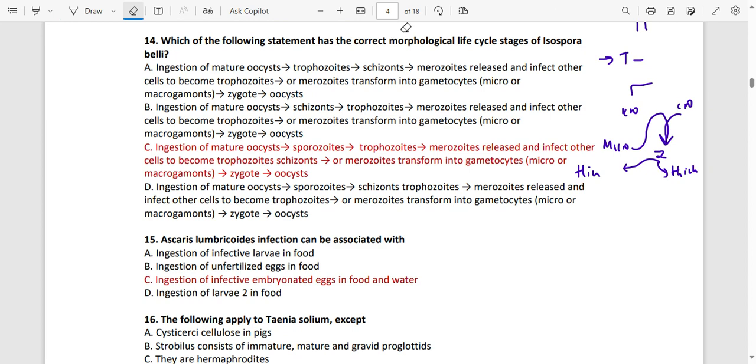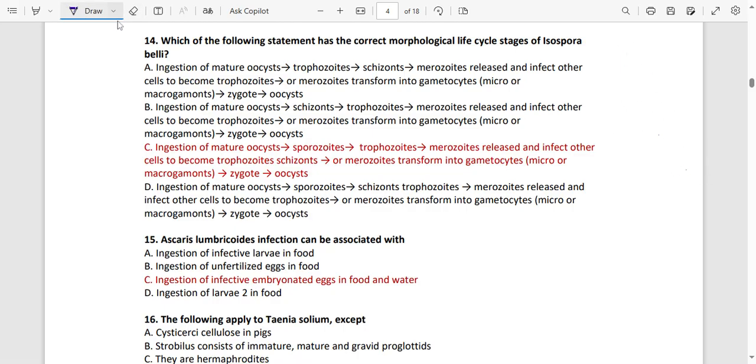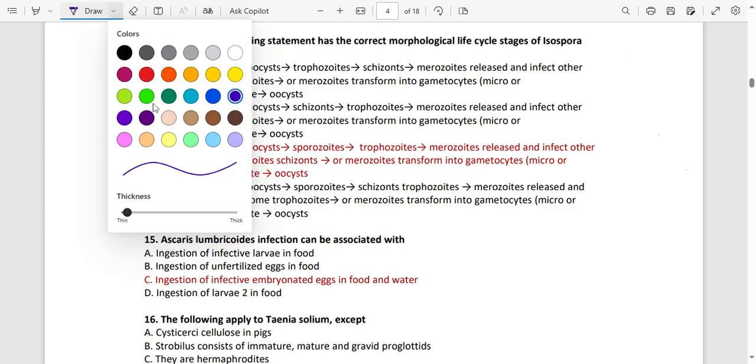And then question 14. Which of the following has a correct life cycle of Isospora belli? I remember we said that Isospora belli is similar to Cryptosporidium parvum.